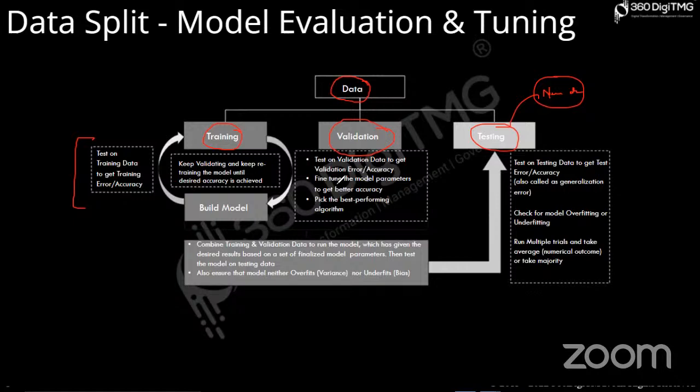When it comes to validation, we test on validation data to get the validation error. So we get error or accuracy on my training data and error or accuracy on my validation data, and we compare them. Using this, we decide if my model is a correct fit or not.